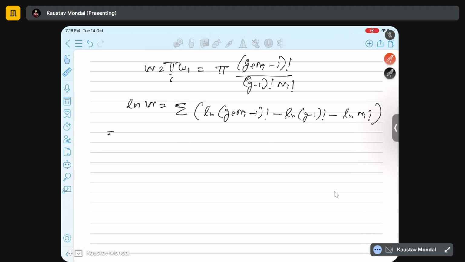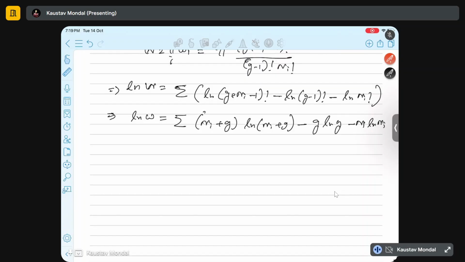If you do this, it gives you ln W equal to the summation over (Ni plus g) ln of (Ni plus g) minus g ln g minus Ni ln Ni. Now if you take the derivative, the derivative terms should become 0. Derivative of ln W gives you summation over ln of (g plus Ni0) over Ni0 dNi equal to 0.